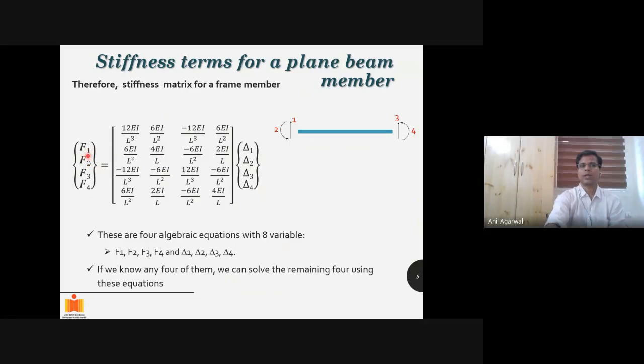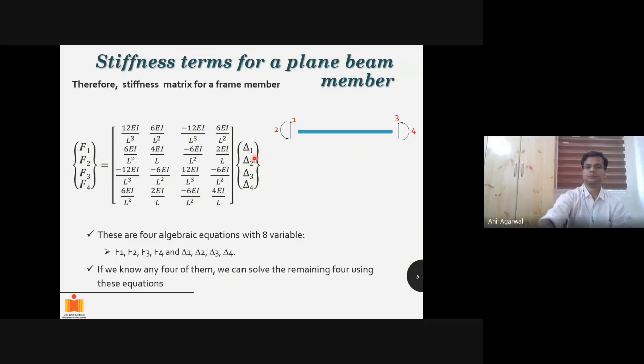What could be unknowns are F1, F2, F3, F4, and delta 1, delta 2, delta 3, delta 4. Out of these 8 potential unknowns, at least 4 have to be known to us. Then the remaining 4 can be solved for. You get me? Okay. So let's say F1 is known and the 3 deltas are known. Then we can solve for the remaining 3 Fs and 1 delta.